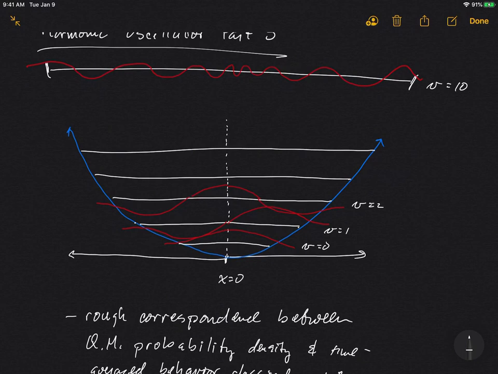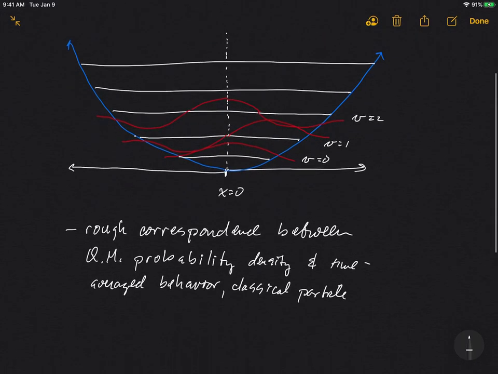And we expect to see a peak in the probability out near, maybe a little bit to one side of, the classical turning point. So we can use this rough correspondence between quantum and classical to guide our thinking. So that tells us roughly where the peak is in the probability density.